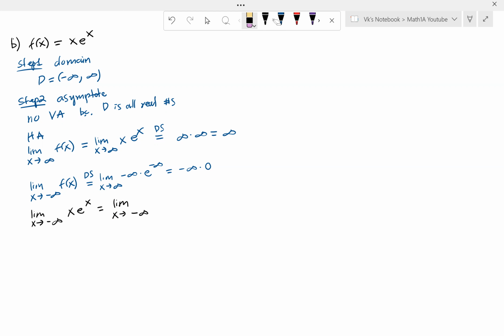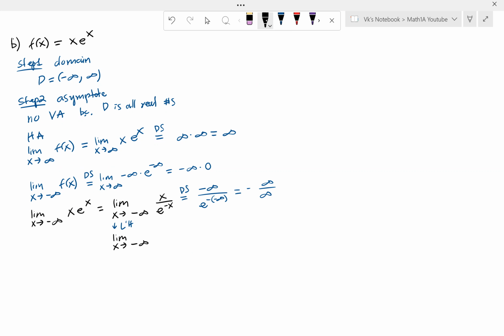It would be better to rewrite this as x over e to the negative x. Ta-da! And now do a direct sub. We'll have negative infinity over e to the negative infinity. Well, we have negative infinity over infinity. Yay, an indeterminate quotient. So we apply L'Hopital's rule.